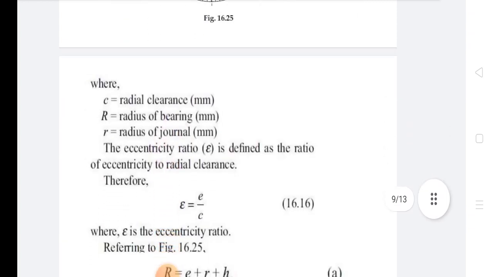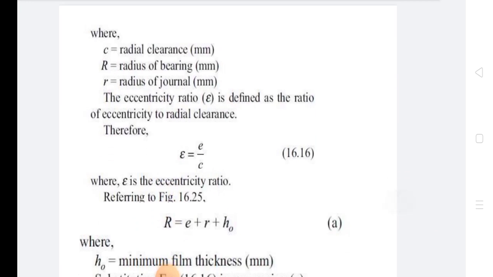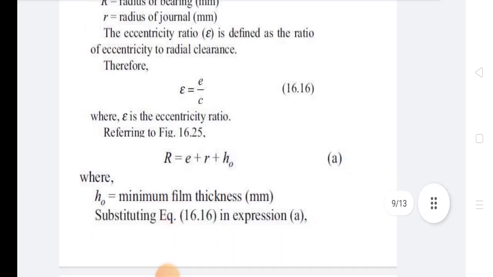Where c is equal to radial clearance in mm, capital R is equal to radius of bearing in mm, small r is equal to radius of journal in mm. The eccentricity ratio epsilon is defined as the ratio of eccentricity to radial clearance. Therefore, epsilon is equal to e upon c, where epsilon is the eccentricity ratio.